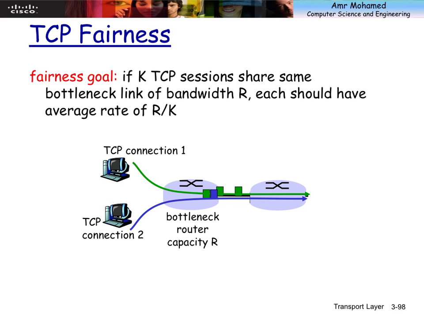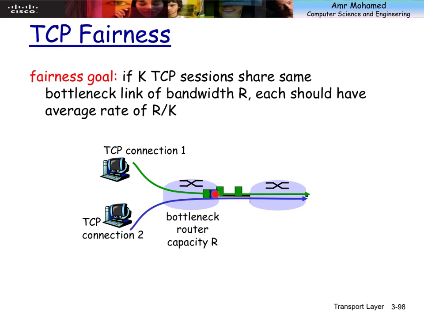So today the last topic in the transport layer is to study fairness, and fairness is one of the very important features in networking protocols in general. Fairness talks about the fact that when there are multiple sessions competing on a specific shared link, the protocol supports some kind of fairness.